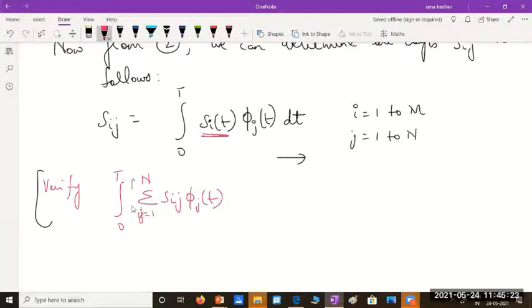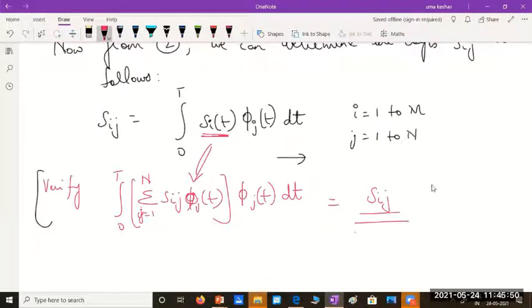Correct? This is Si, and this into phi j of t dt. What would happen to this value? You see, phi j square of t would be 1, and summation of all the Sij, they are just coefficients or numbers. Integral between 0 to T, this would just result in the value Sij.